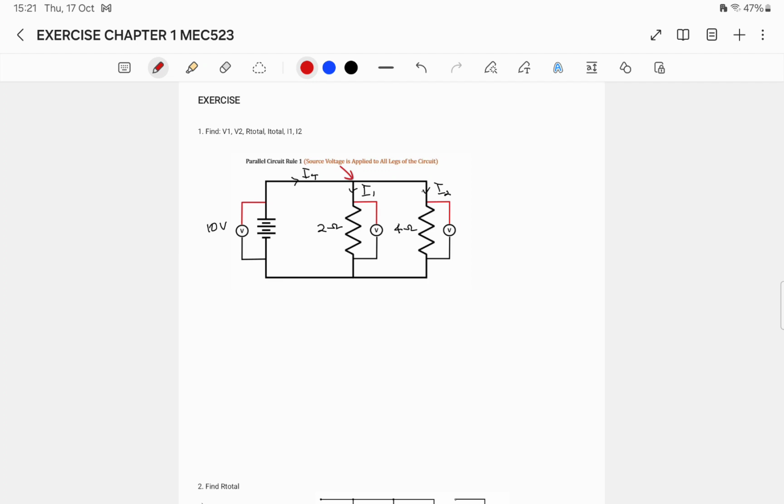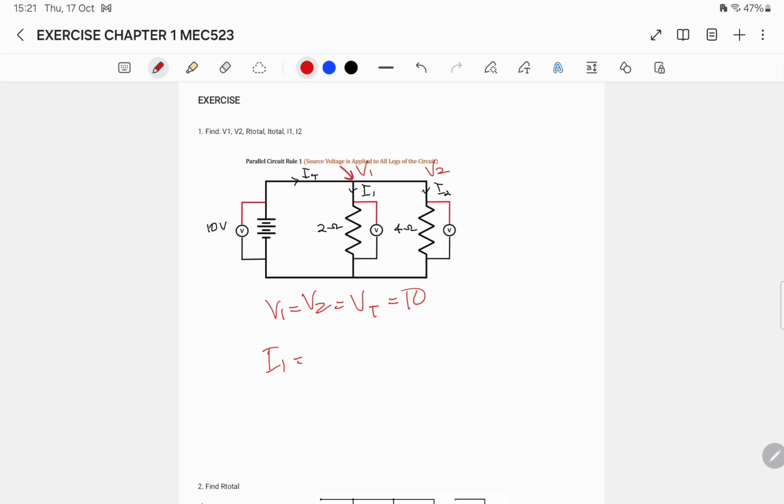V1, V2 kat mana? Okay, kat sini lah. V1 kat sini. V2 kat sini lah. Okay, so V1, V2 berapa value dia? Berapa? 10. V1 equals to V2 equals to V total equals to 10. Okay. And I1 berapa?